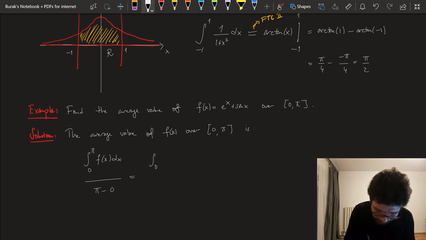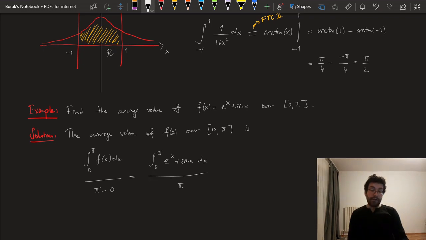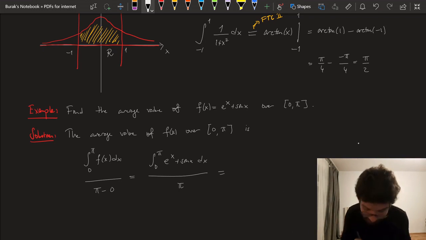So I need to compute the definite integral of e to the power x plus sine x from 0 to pi and divide this by pi. Again, if you try to apply the Riemann sum definition of the definite integral, it's going to be a mess. You won't be able to get this. But if you try to apply the fundamental theorem of calculus, it's going to work out fine.